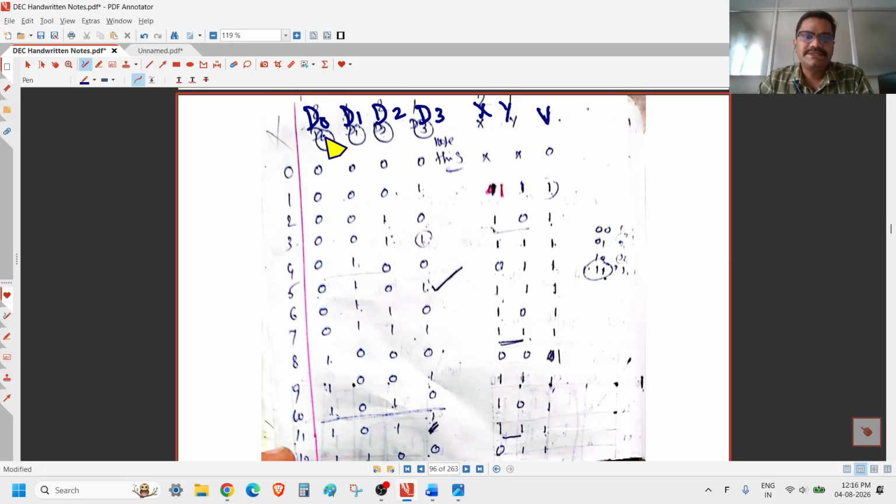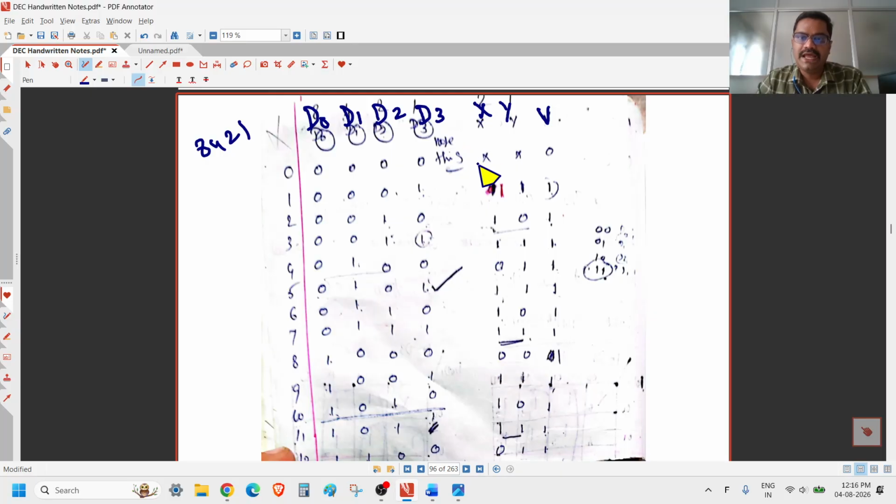Since the input has 4 bits, with the help of the 8421 combination I just fill out the inputs: 0000, 0001, 0010, 0011, 0100, 0101, likewise. Now you can see the outputs.